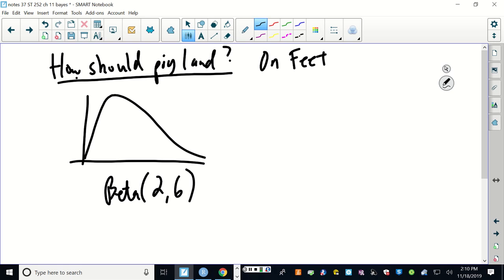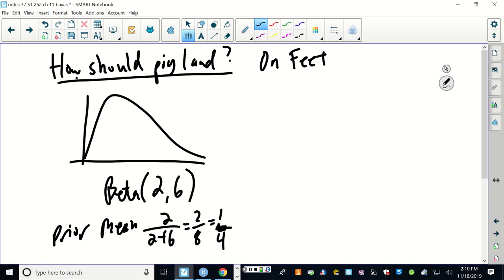The prior mean would be 2 over 2 plus 6, 2 over 8, which is like 1/4. Maybe that's a little high, but this is with only 2 plus 6, 8 so-called prior observations. You can imagine having 2 flips that land standing like this, and 6 that land some other way. That's what the information content would be.